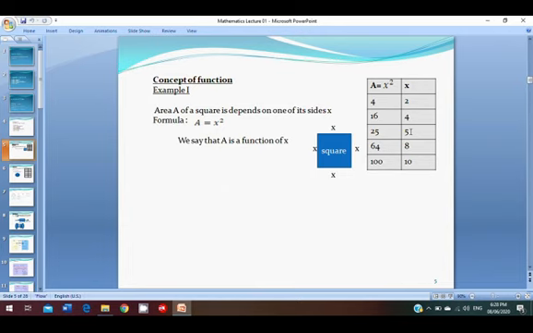It's up to your choice that you suggest the value of x, but A depends on the value of x. So x is the independent variable and A is the dependent variable. Or in simple words, we can say that A is a function of x.